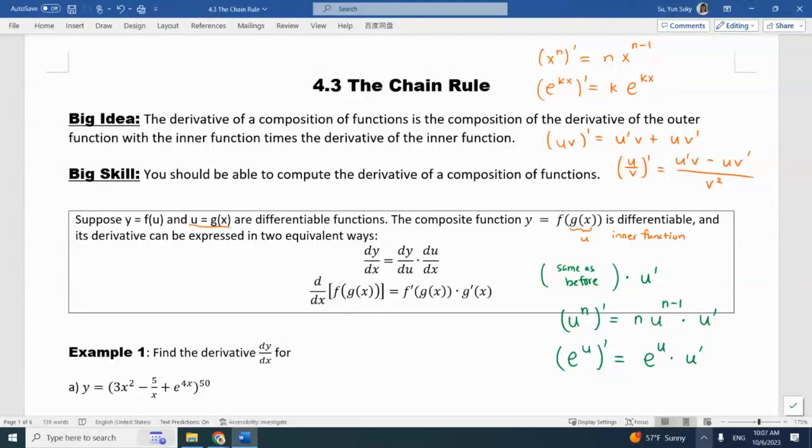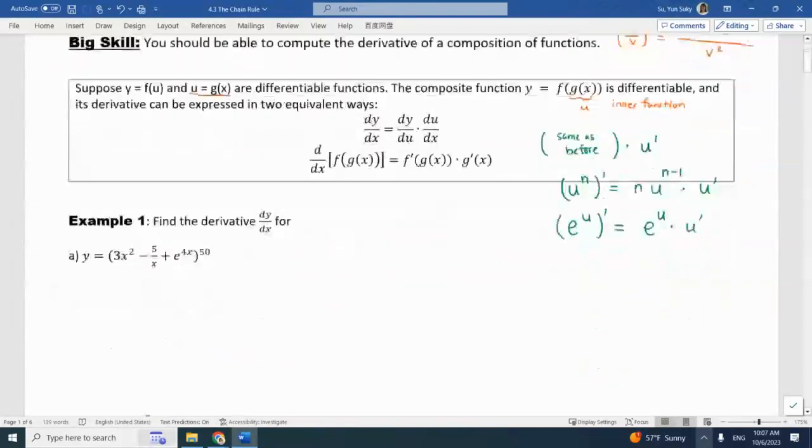This is the new formula when we have a composite function. When you take a derivative, you look from the outside to the inside. The feeling is really like you want to peel an onion. Look at the first layer, the outer layer, and then the second layer, and then you keep going.